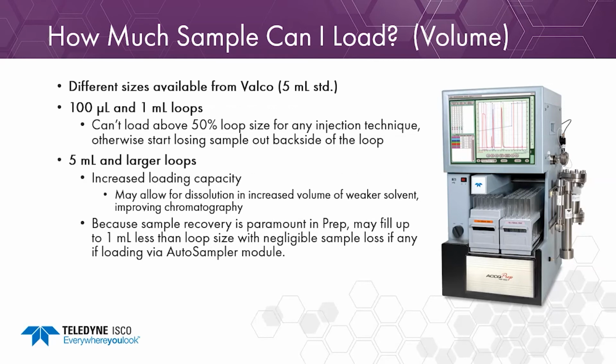If you're not using an auto sampler module, if you're doing manual injection or using the auto injector, then you're not able to go above 50% of the loop size, because the auto sampler introduces air cushions to prevent mixing of the streams. So that's an important note and benefit of the auto sampler module: it does increase your loading capacity.